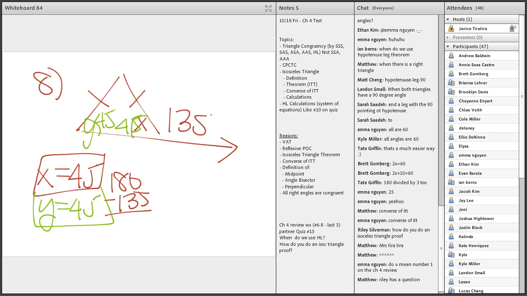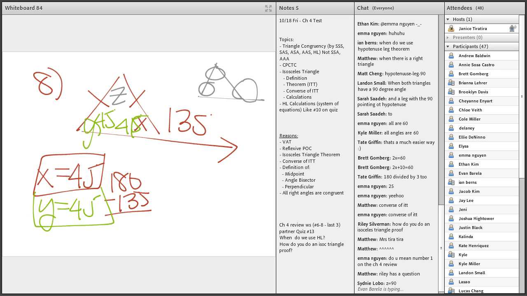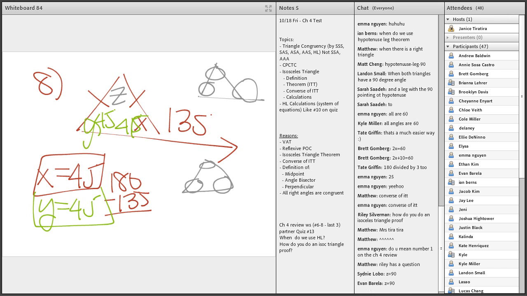Okay, and then z is up here. So you could do the triangle exterior angle theorem. If you recall that from last chapter, you add these two remote interior angles and it's equal to the exterior angle. Or you can just do all three angles add up to 180. That's your choice.